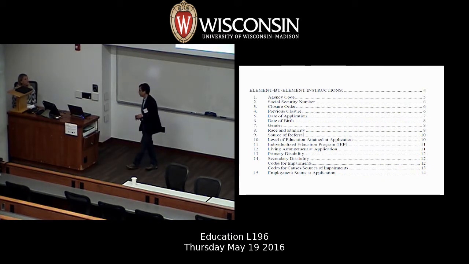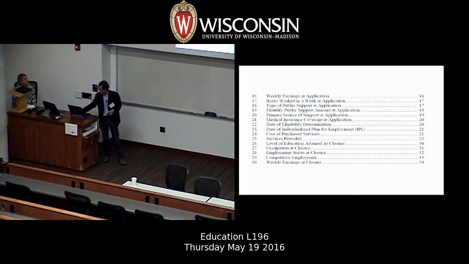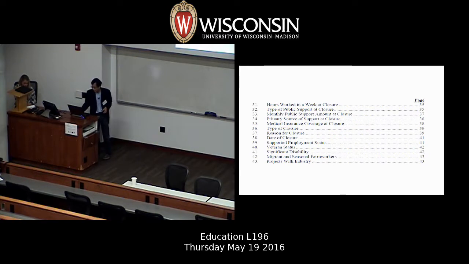They also have information about your disability type, and of course, information about closure: your weekly earnings, how many hours you work, whether you have employer-based health insurance when we close you, how much it costs to help you become rehabilitated, how long it takes, and the average case expenditure, et cetera. So that's basically the RSA 911 data set, okay?